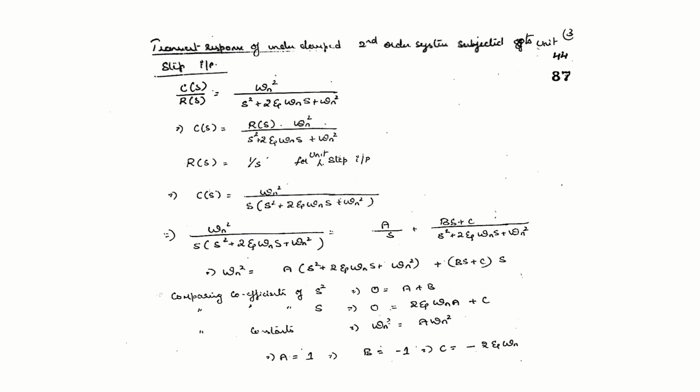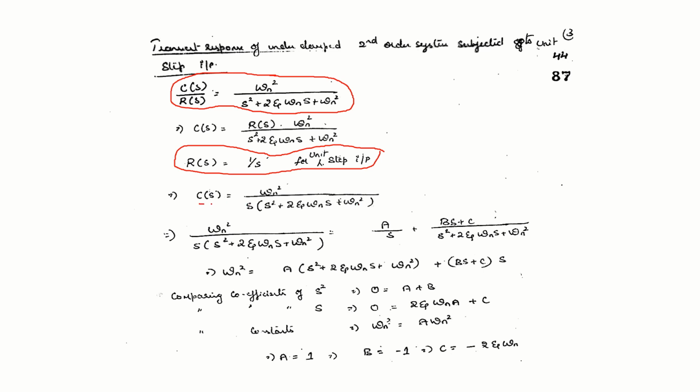So our general form is C of s by R of s is equal to omega n square divided by s square plus 2 zeta omega n s plus omega n square. Let me bring R of s this side, and R of s is nothing but 1 by s because it is unit step input. So you get now omega n square divided by s times s square plus 2 zeta omega n s plus omega n squared.